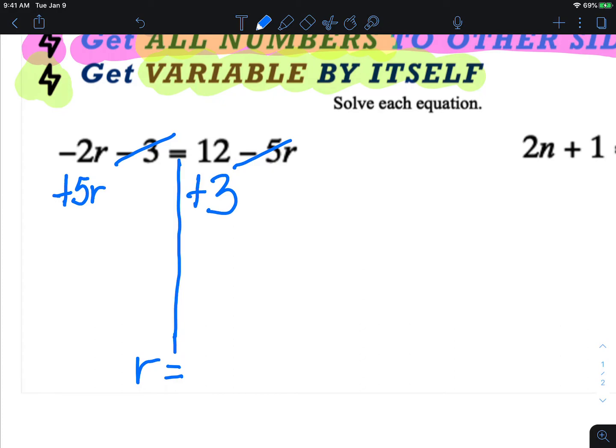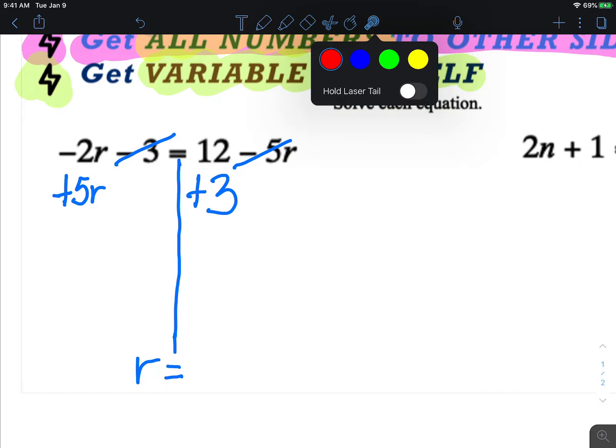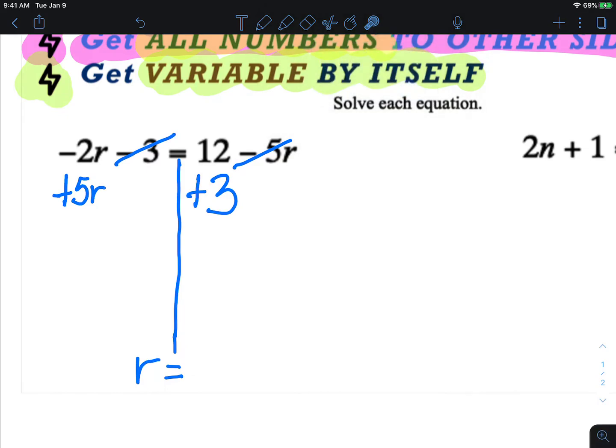Now I can do these two here. Are these two the same sign?